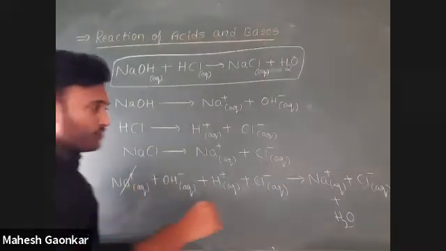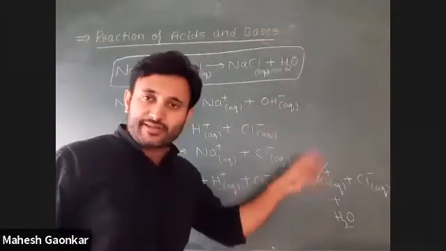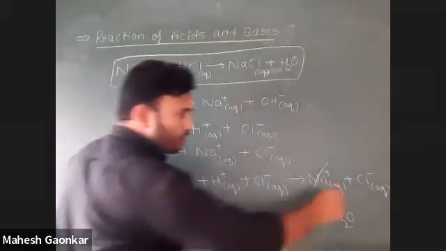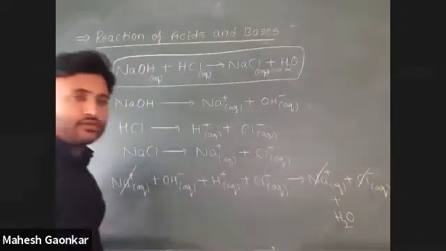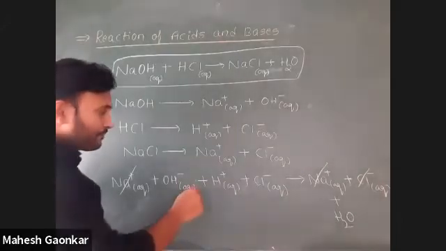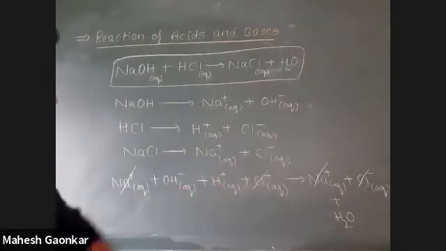The Na plus in NaCl came from the Na plus in NaOH. So this Na plus and this Na plus get cancelled. Now the Cl minus present in NaCl came from Cl minus present in HCl, so that cancels out.